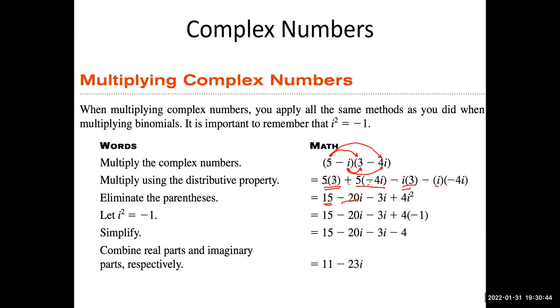Di ba 5 and 3, tapos 5 and negative 4i. So 5 multiplied by negative 4i is negative 20i. Tapos negative i multiplied by 3 is equal to negative 3i.